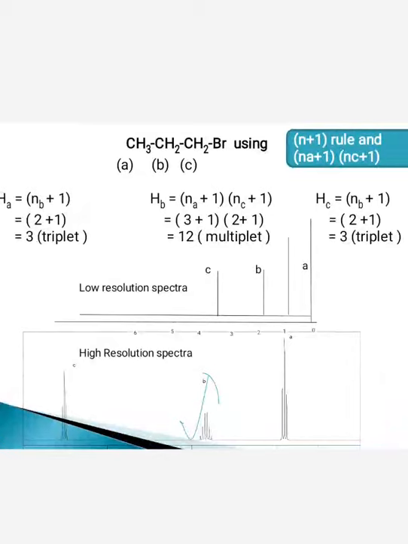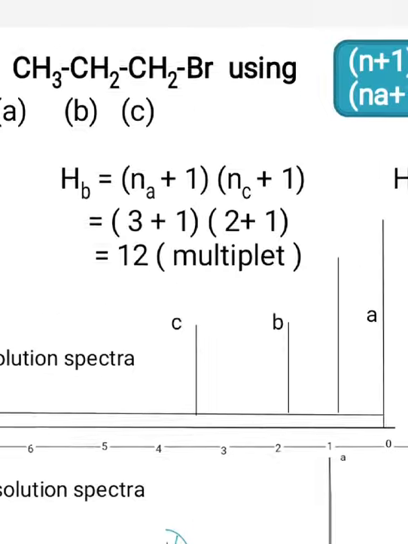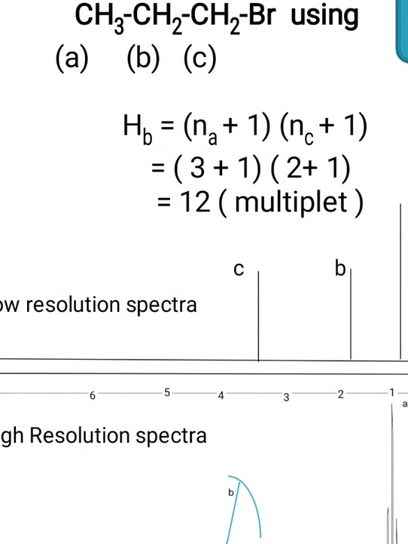The third example is 1-bromopropane. Now see, in this example there are three sets of protons A, B and C. Now see the difference in both the CH2 groups. Both the CH2 groups are non-equivalent, having different chemical environments.